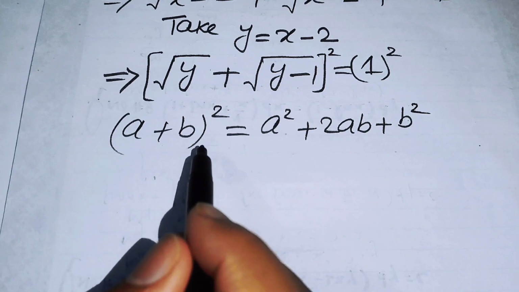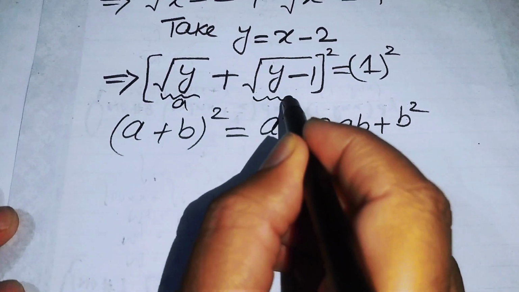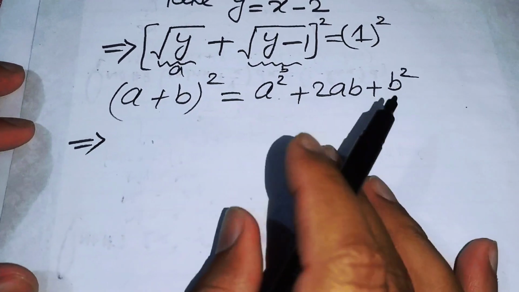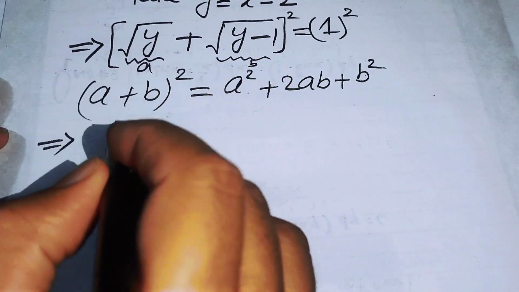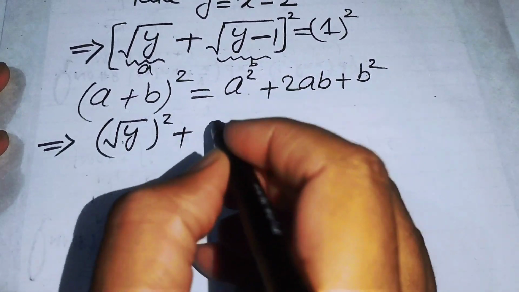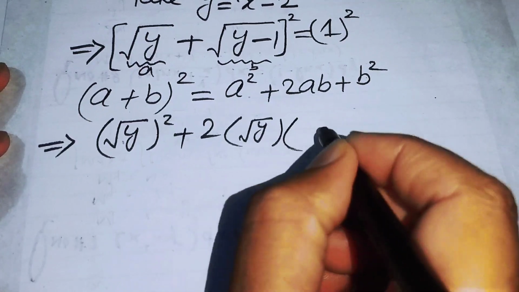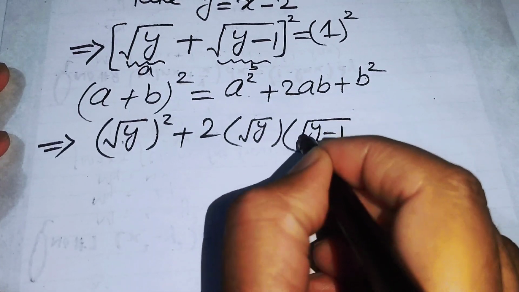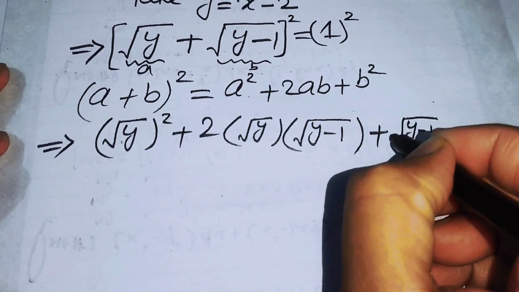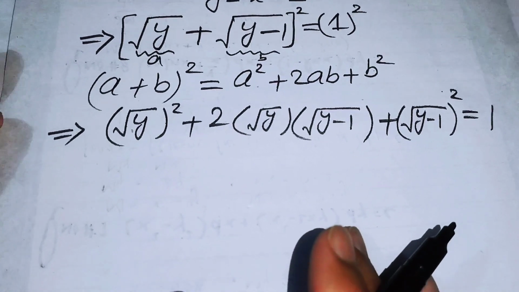So now I can apply this identity, and this is the value of a and this is the value of b. We will get here square root of y whole square plus 2 times square root of y into square root of y minus 1 plus square root of y minus 1 whole square is equal to 1.